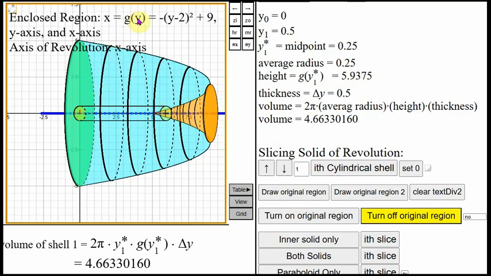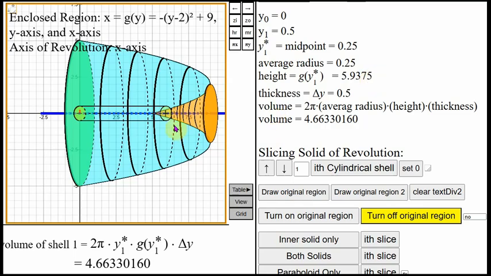So we're going to do g of 0.25, and that will give us the distance from the y-axis to the point on the graph, this graph right here. And so in the place of y, we plug in 0.25, and then simplify, we'll get 5.9375.